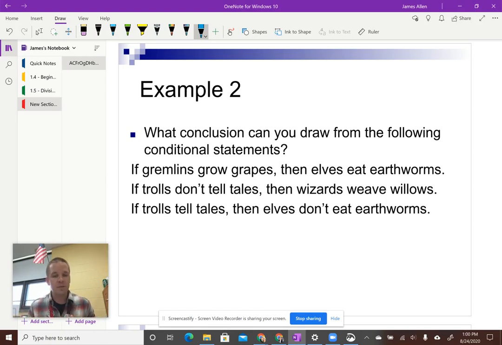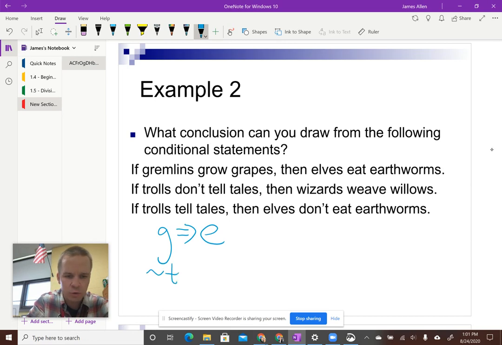Well, it helps to put these into if P then Q style statements. For the first one, if gremlins grow grapes, then elves eat earthworms, or if G then E. If trolls don't tell tales, so not T, then wizards weave willows, then W. And if trolls do, in fact, tell tales, so T, then elves don't eat earthworms, not E.